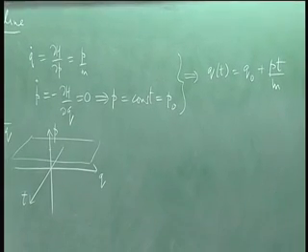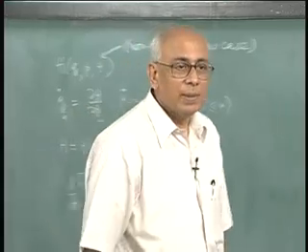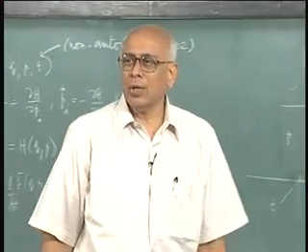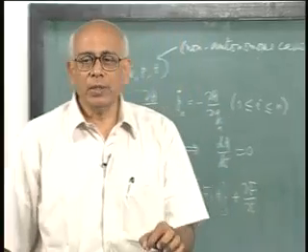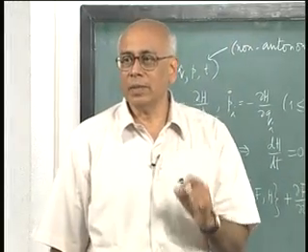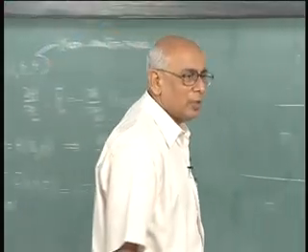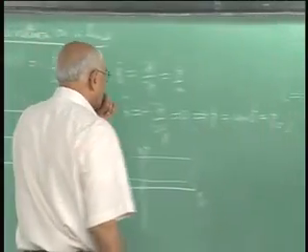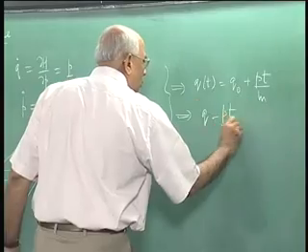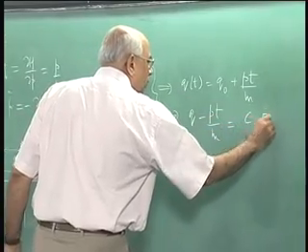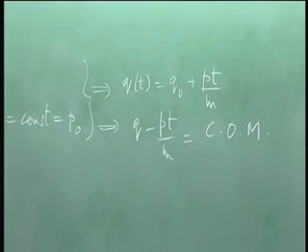Well, it is actually sitting there. Q naught is a constant of the motion, but it is not nice to say the initial condition is a constant of the motion. A constant of the motion is a function of the dynamical variables and maybe time. So q minus pt over m. This implies that q minus pt over m equal to constant of the motion, and it is directly determined by q naught.